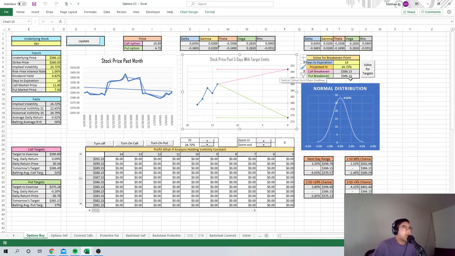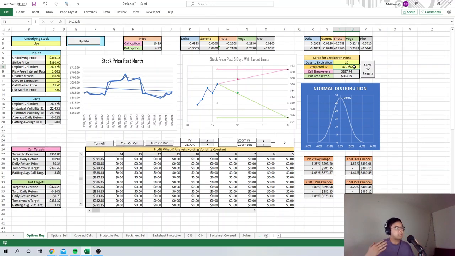So let's look at 10 days. This will move it out, but we have to solve. In 10 days, there's another variable here called implied volatility, which will change day to day.